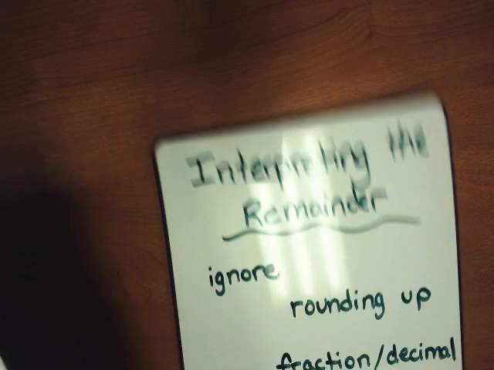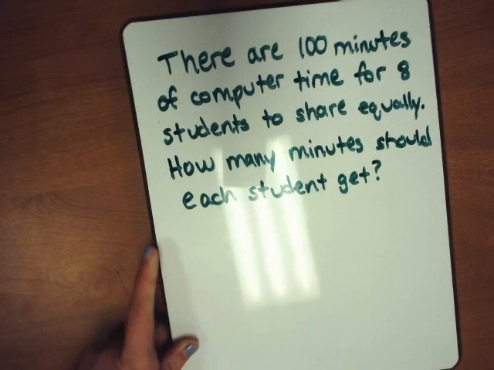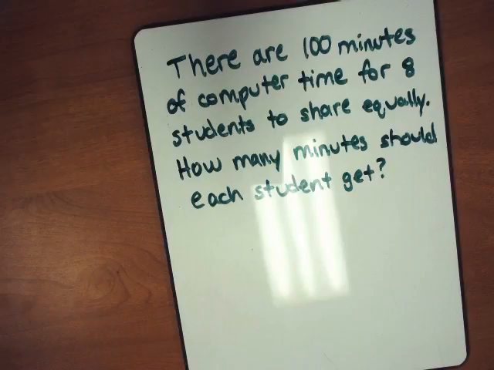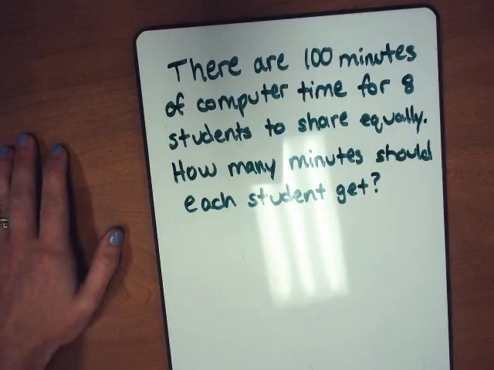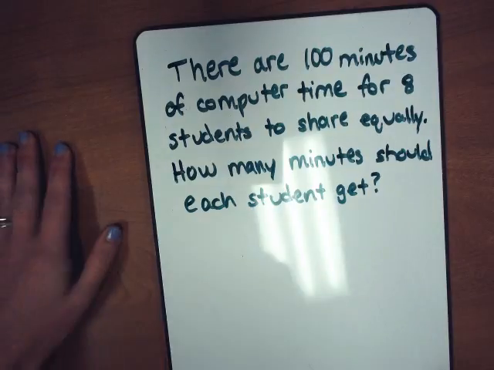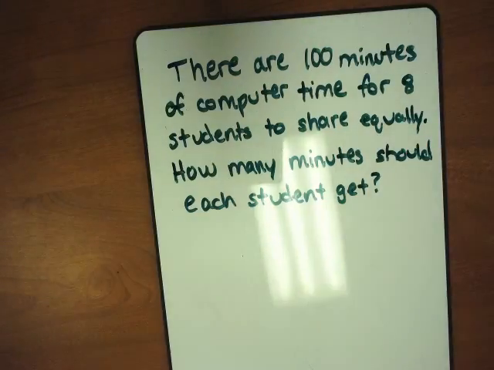And for each one of these, I'd like for you to draw a graphical representation of each of the problems, because as we read through, it's important that we make sense of the problem first. Okay, so go ahead and read through that problem.